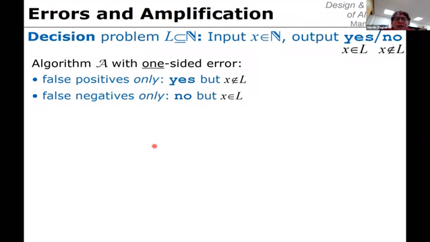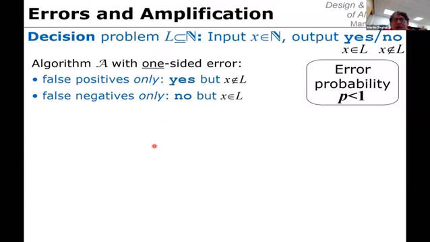And the same applies also to randomized algorithms. So let's consider, for instance, a randomized algorithm with one-sided error that makes, let's say, only false negatives. And let's say the error probability is p, and p is less than 1. So what does it mean if the error probability is equal to 1?